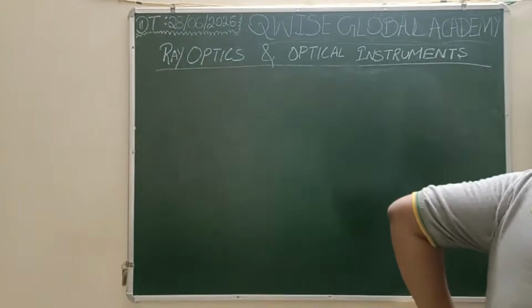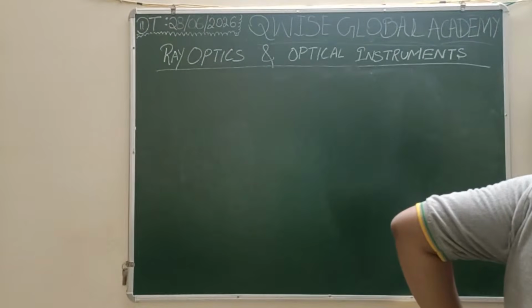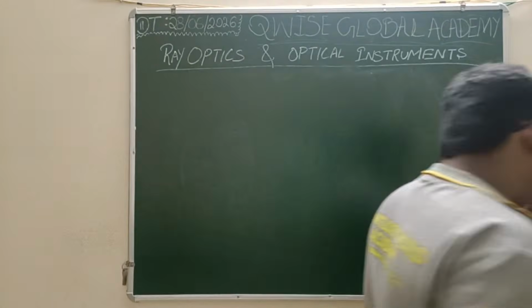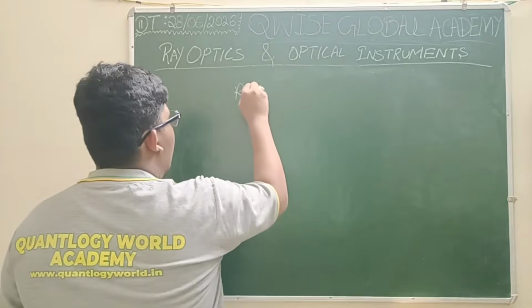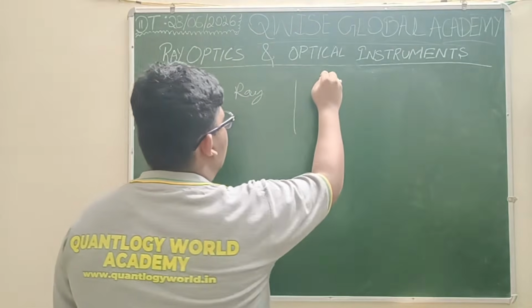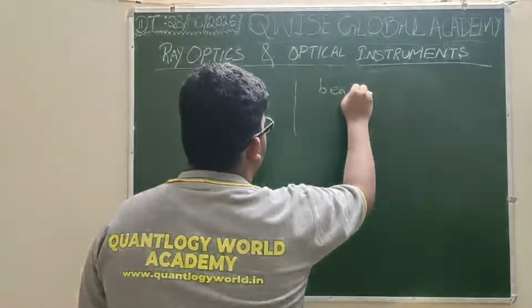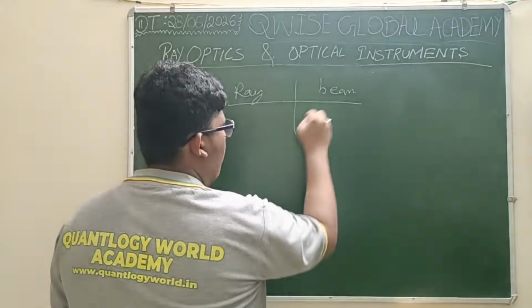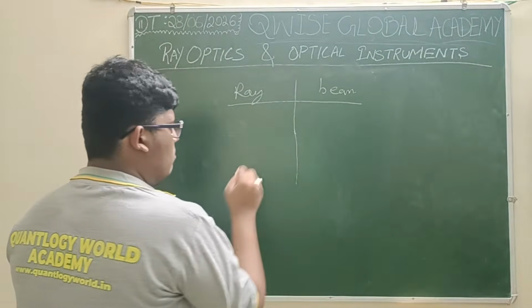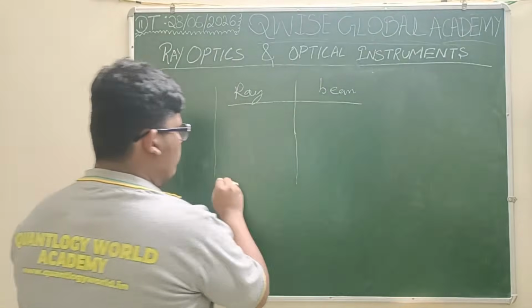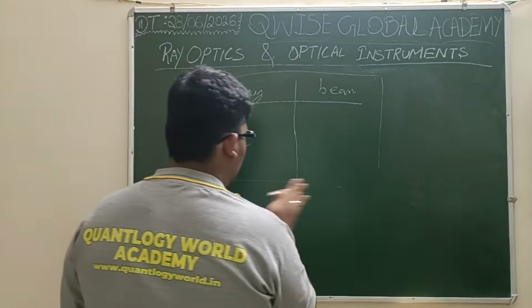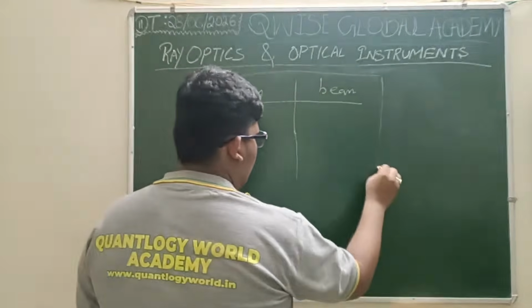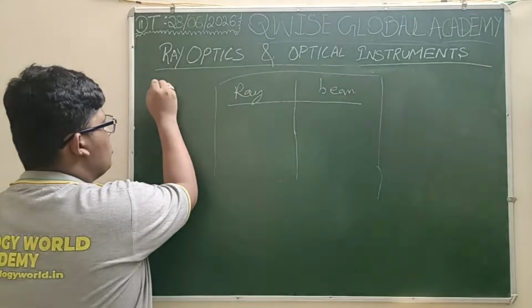Next, difference between ray and beam. There are certain differences between a ray and a beam, on the basis of some features.